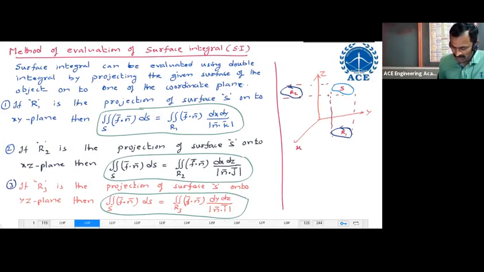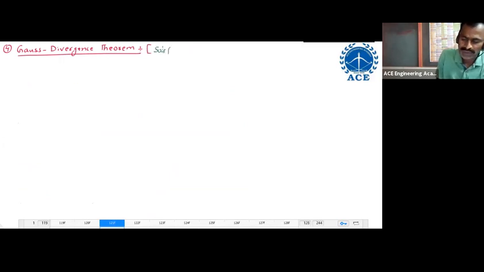Now next, we go to the next page. Gauss divergence theorem.